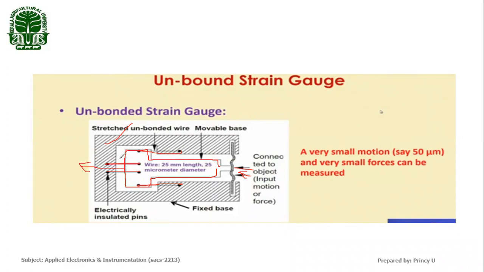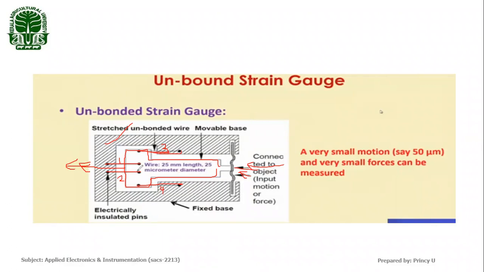Wires 1 and 2 will compress, and wires 3 and 4 will extend. That means when we apply a force from right to left, the movable frame moves in this direction, and conducting wires 1 and 2 compress, and 3 and 4 become tensed.